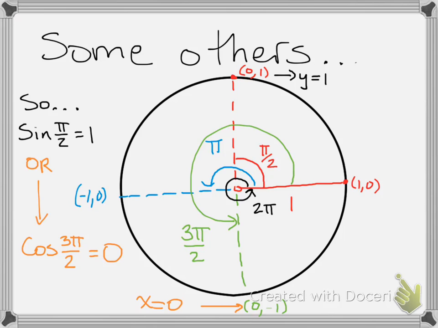Okay? So we just have to remember this unit circle and the rotations on the unit circle, and that'll help us remember the 90-degree increments. So sine 90, sine 180, sine 270, and same with cos. And now we're just going to think of it in radians. So sine pi by 2, sine pi, sine 3 pi by 2, and sine 2 pi, and same with cos, and same with tan. Okay?